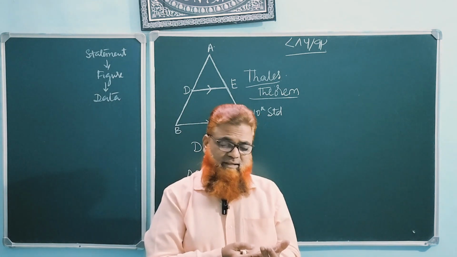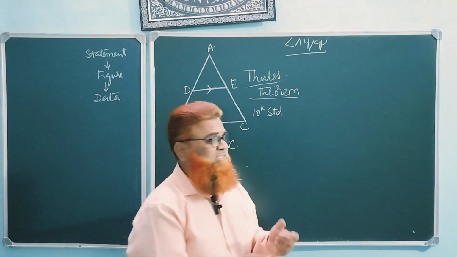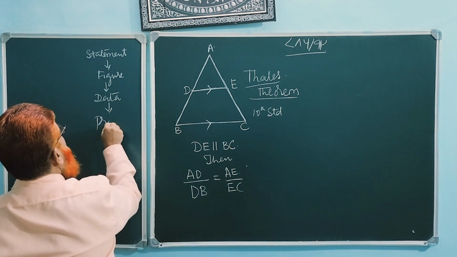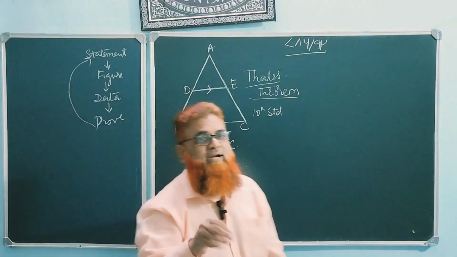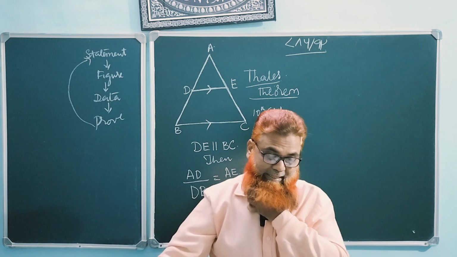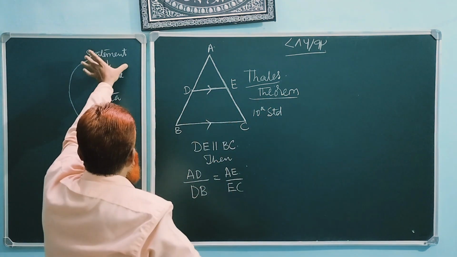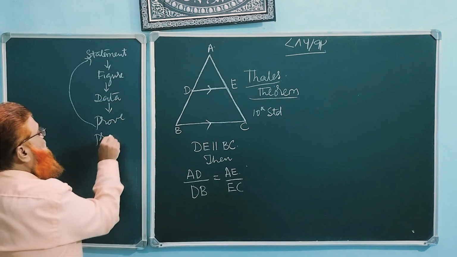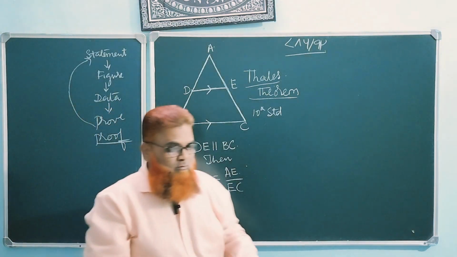Remember: first, the statement, what it is going to say. Next, its figure. Third, its data. And the fourth is the requirement of the theorem: what is to be proved, what the statement says, and what we need to prove. Understand? After all these steps, we proceed to the proof.